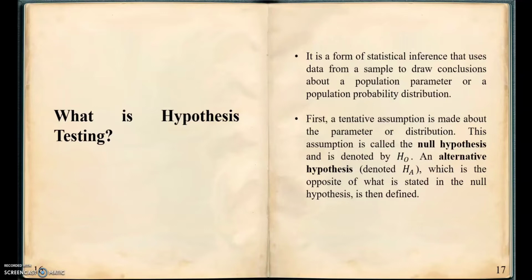So basically, hypothesis testing is used to assess the plausibility of a hypothesis by using sample data. Statistical analysis tests a hypothesis by measuring and examining a random sample of the population being analyzed.